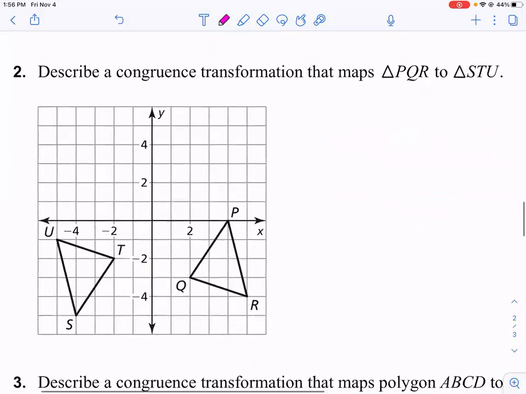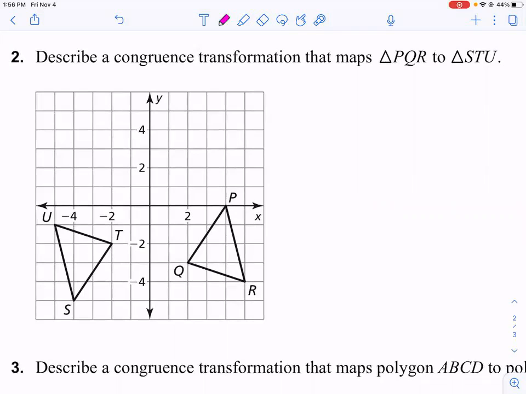Okay, now, do you agree that in this number 2, PQR is congruent to STU? Do you believe it? I'm going to give you about 90 seconds for you and your elbow partner to figure out what the transformation is from PQR to this triangle.